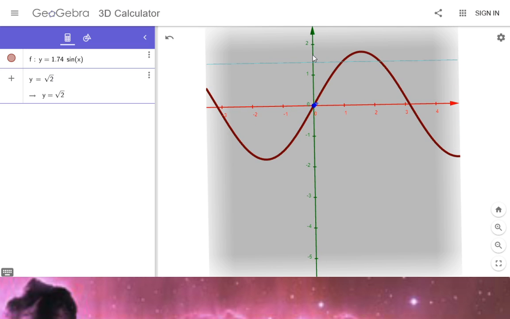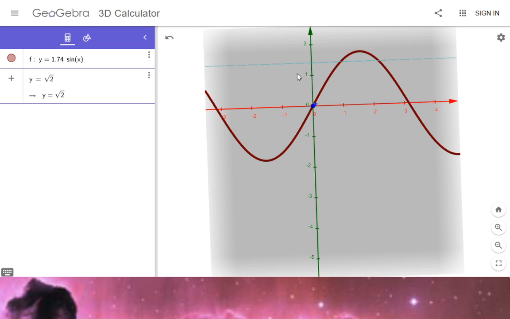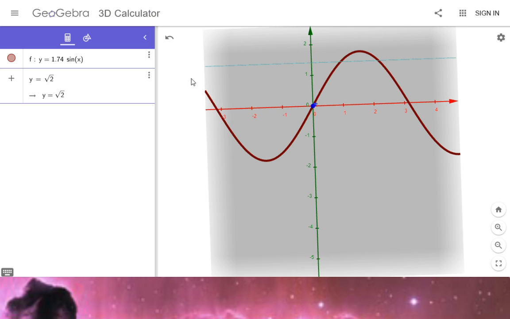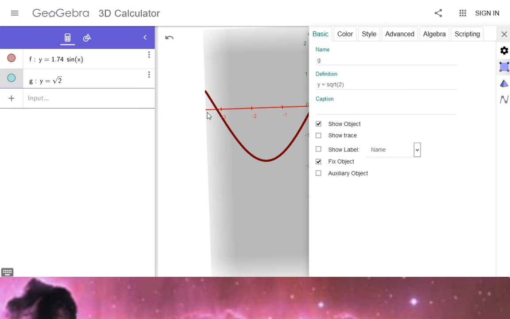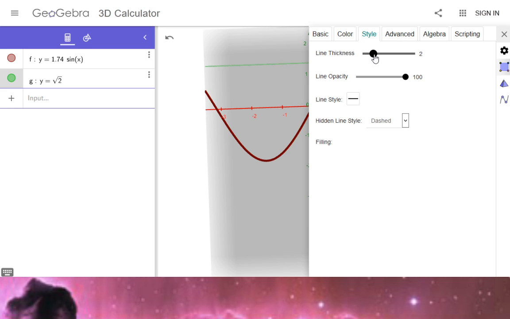Okay, there it is. There's the line right there. It's that blue line. This is crooked. Let's make this color green. Now let's make this a thicker line so we can see it here.